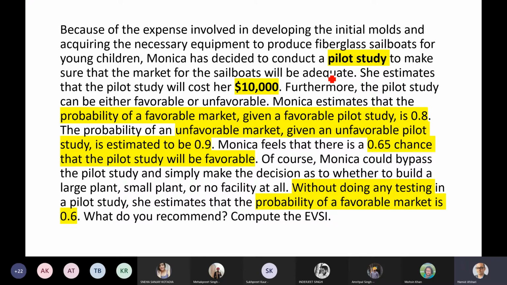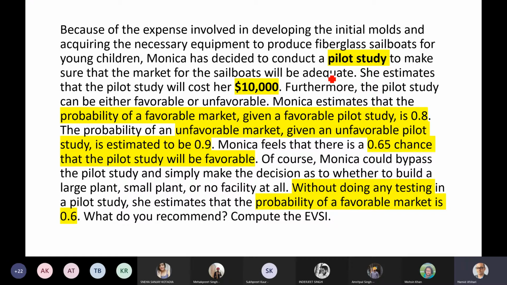A pilot study means something in a smaller size where you evaluate different situations and then go with mass production. She estimates that the pilot study will cost her $10,000. It looks something like marketing research, but it's more technical.